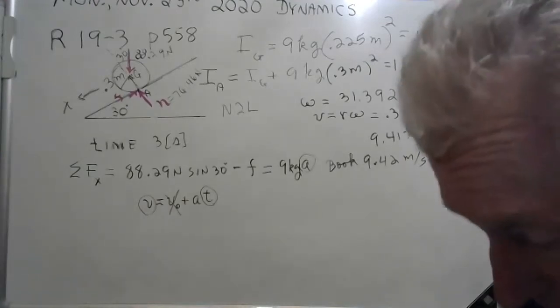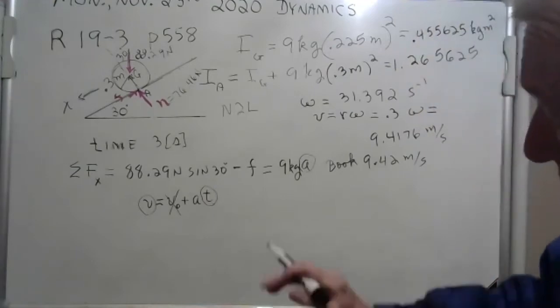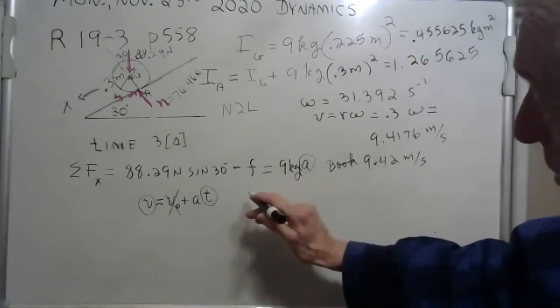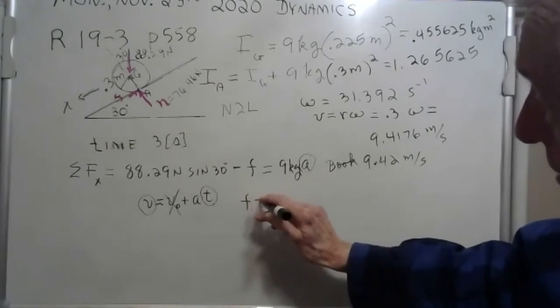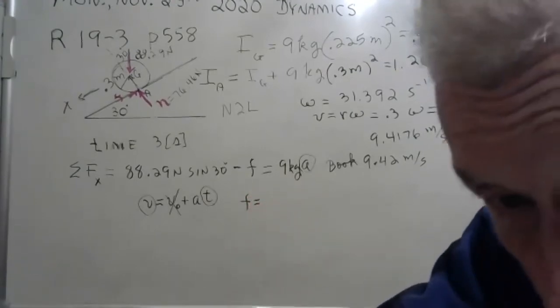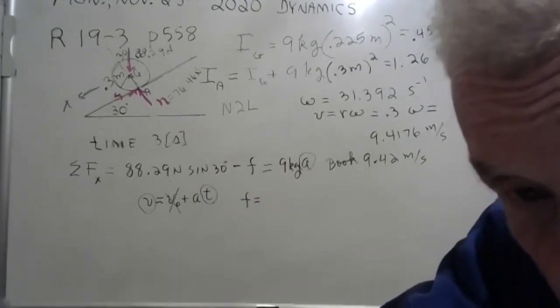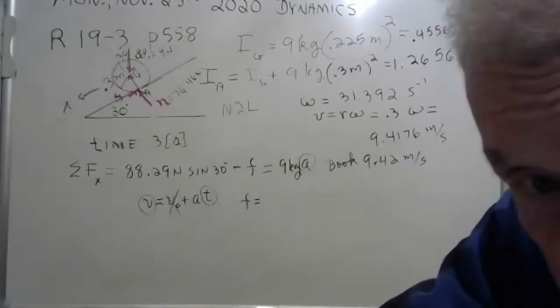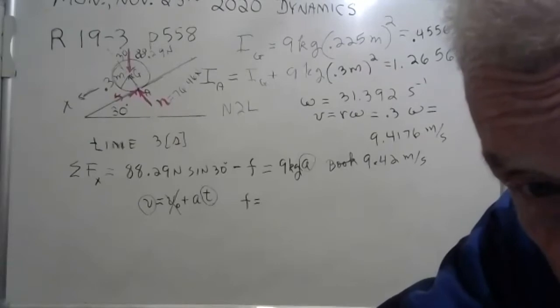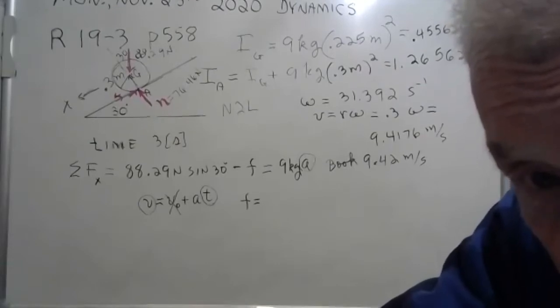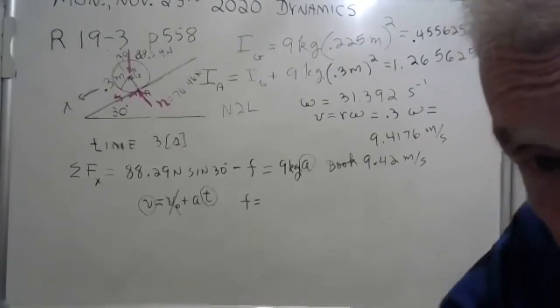Okay, students, I got what I think the friction is. Let me call on one of my excellent students. Why don't we start with Ashley? Ashley, unmute and tell me what the friction is.